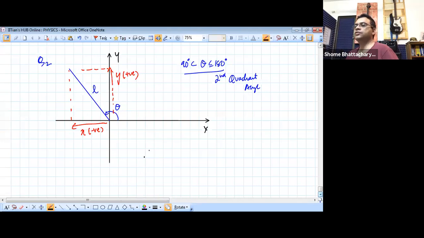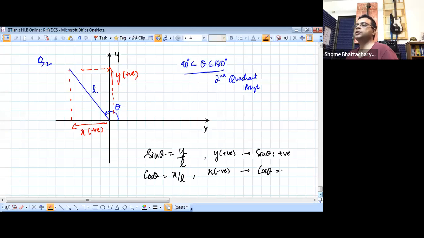Okay. So once again, the definition of sine theta will be the y coordinate divided by L, but y is positive. So sine theta is positive in second quadrant. But the definition of cos theta is base upon hypotenuse, but the base is now a negative x coordinate. So x being negative, what happens is cos theta becomes negative.